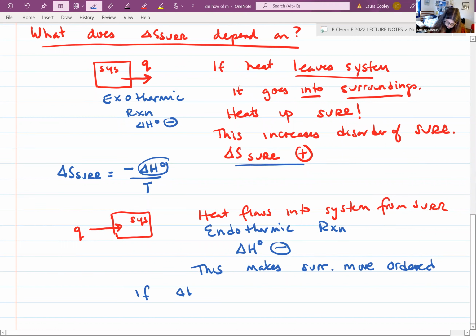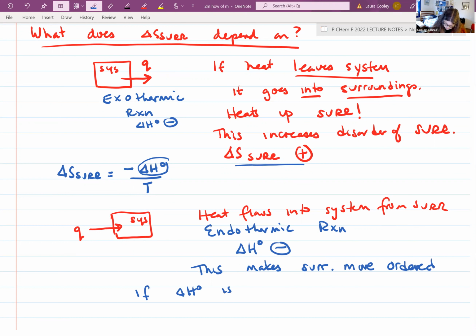Oh God, delta H is positive. Sorry, folks, let me just do this again. If heat flows into the system from the surroundings, it's endothermic, delta H is positive. This makes the surroundings more ordered.